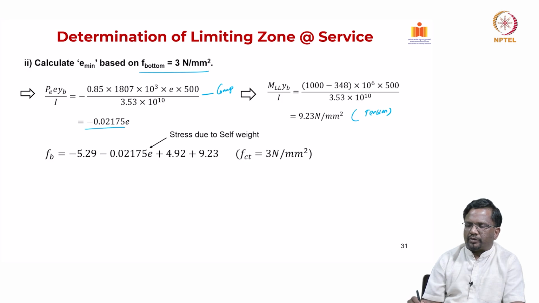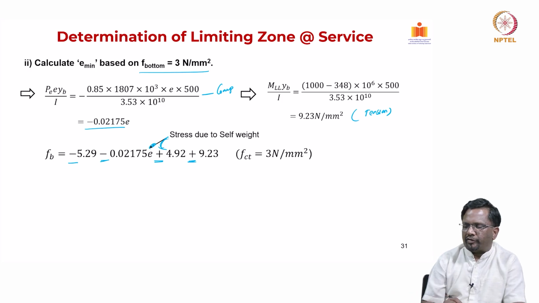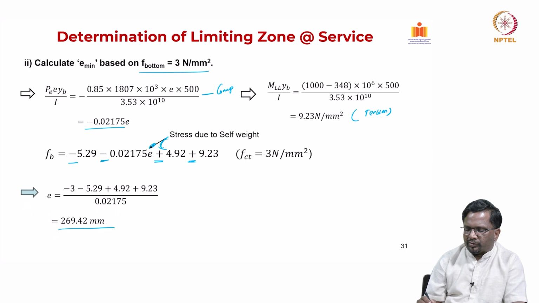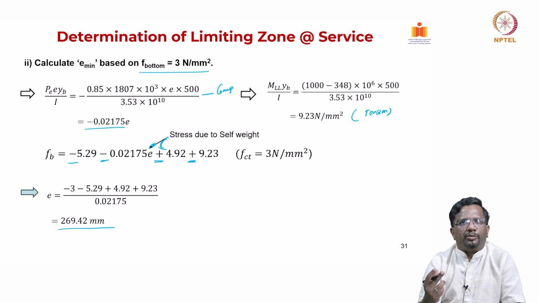So this is self-weight, not this, 4.92 is self-weight, positive tension, negative compression, that equate to f_b equal to 3 megapascal. So if you equate that, I get eccentricity of 269.42 millimeter. Now again we got two values, which value will you be choosing?